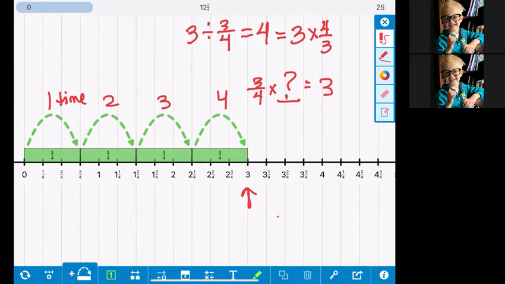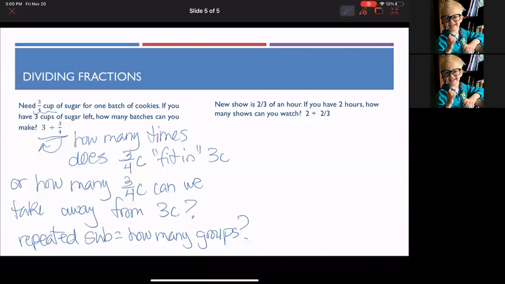And so this question mark here, right, is 3/4 times what number? 3/4 times 4 is 3. And so that was just one representation with the number line. You can show that again, see the asynchronous lesson for week 13 to show that with the fraction circles, the fraction tiles, it would be the same thing.